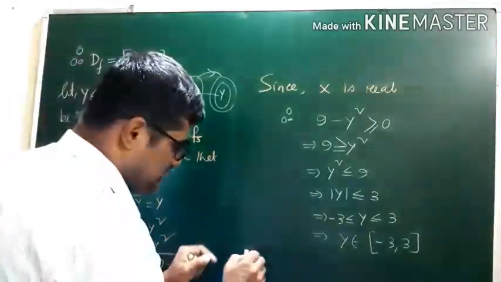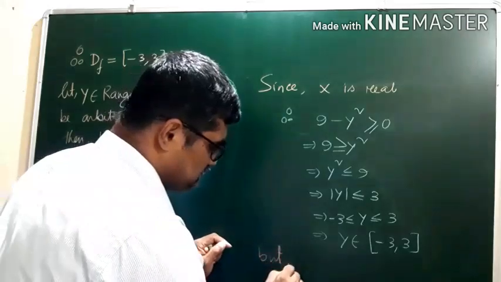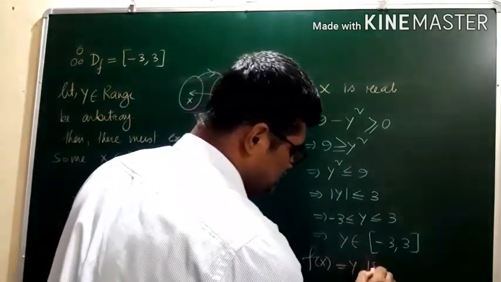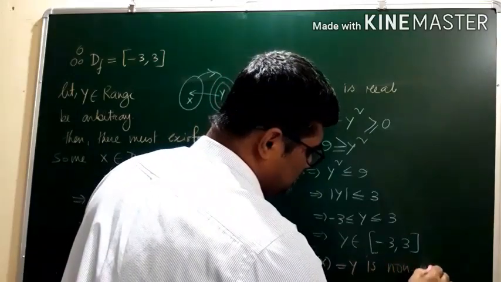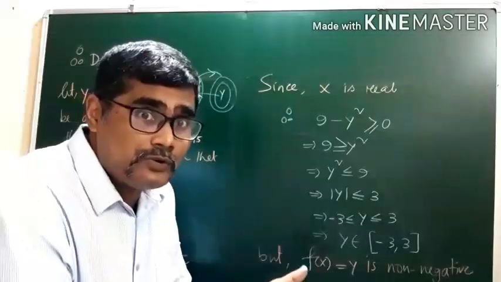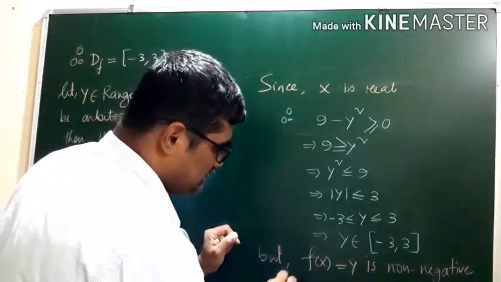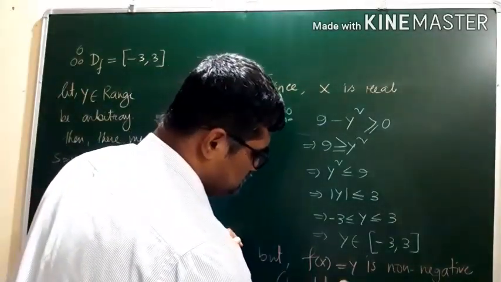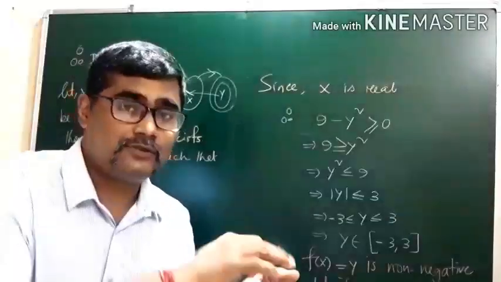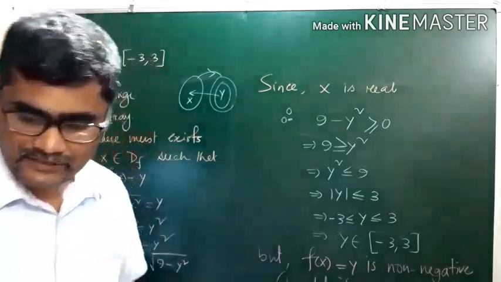So here I will be writing: f(x), that is y, is non-negative, right? Non-negative from where we got? By definition. Definition means where it is told f(x) equals root over 9 minus x square, right? So we got this.